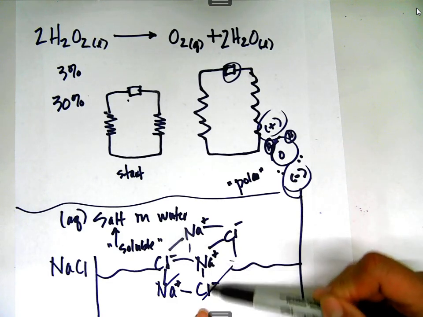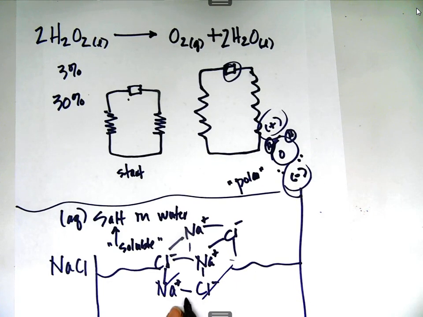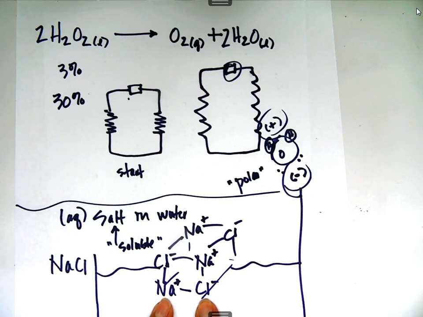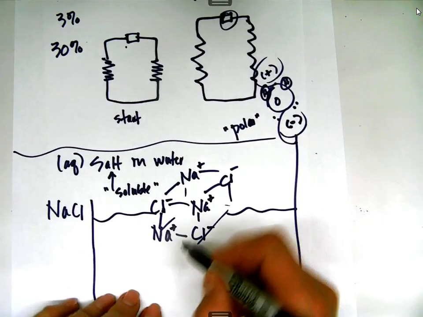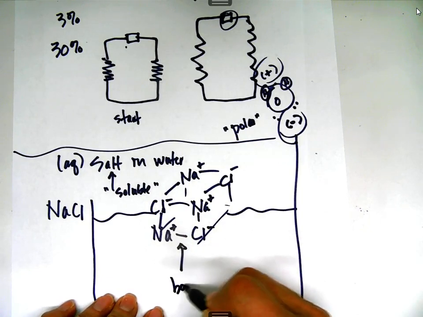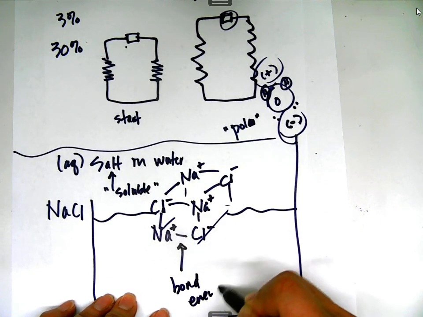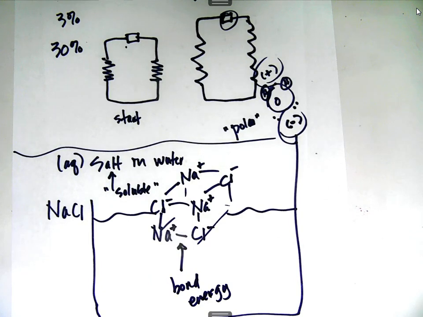So what keeps these two things together are these bonds, the force of the electrostatic difference between them. Pluses and minuses attract, right? Opposites attract. So this bond takes energy to break, and we call that energy the bond energy. We'll be talking a lot about that idea of bond energy later on in the course.